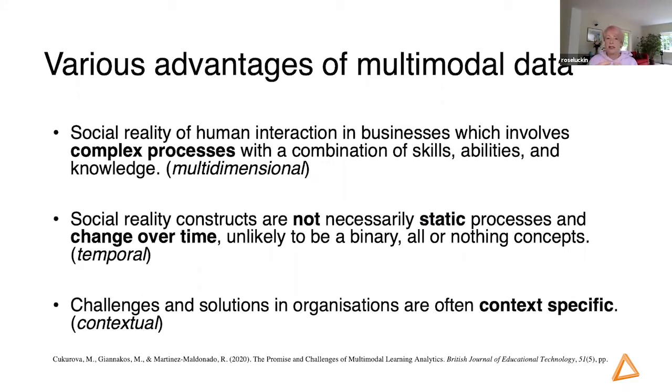And so it's complex processes that are about combining people's skills, abilities, knowledges, preferences, different personalities. So it's very much multi-dimensional data. And it's not static. That relationship between people in the team doesn't stay the same. It changes over time. So there's also a temporal quality to the data.